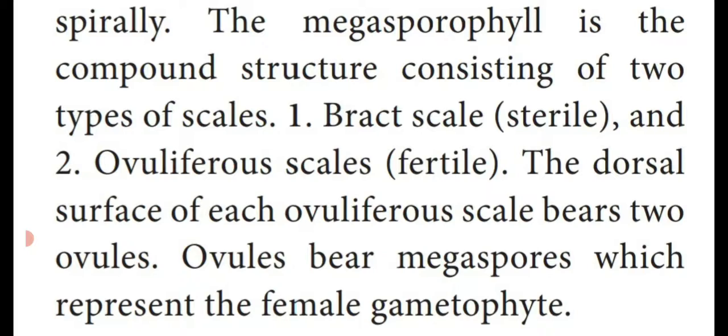Bract scale leaves are sterile, that means they do not produce ovule. But the ovaliferous scale leaves produce ovules. The ovules contain the megaspore at the center. This megaspore acts as the female gametophyte.